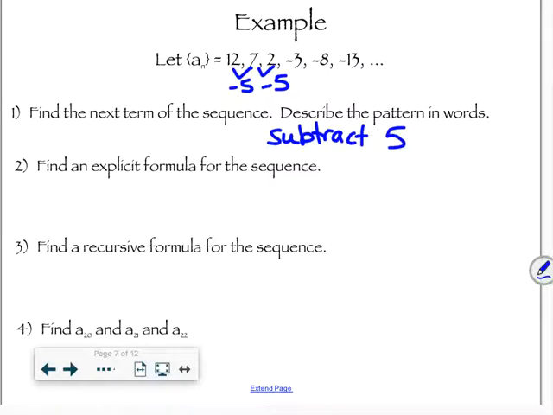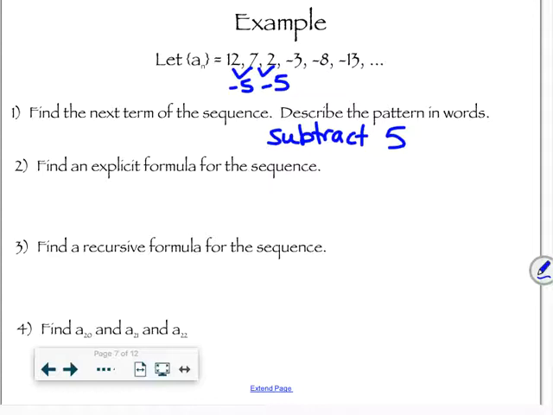So if it has a common difference, it's linear. Let me say that again because it's really important. If there's a common difference, not like in our intro part, you remember we had one that went up by 3, then 4, then 5, then 6. That's not linear because they weren't going up by the same amount. It didn't have a constant rate of change. But if it's linear, you can use y equals mx plus b to find the explicit formula.